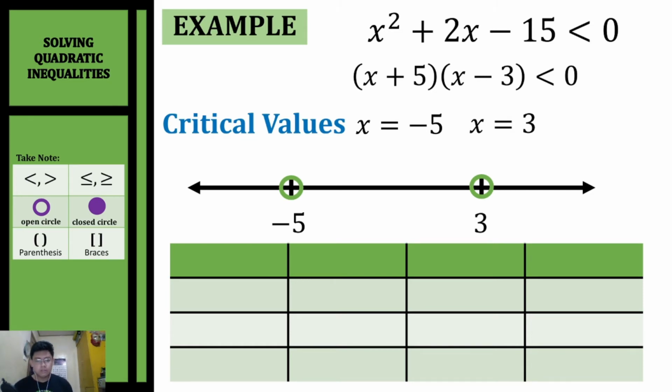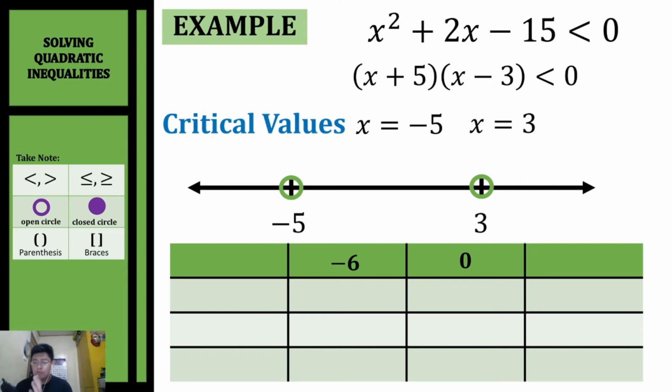Okay, so knowing that we have three regions, we're going to assign a representative from each region. So pick any number as long as it is part of that region. So let's assign the one on the left. So we can say negative 6. Okay, between negative 5 and 3, we can say 0 because 0 is between negative 5 and 3.